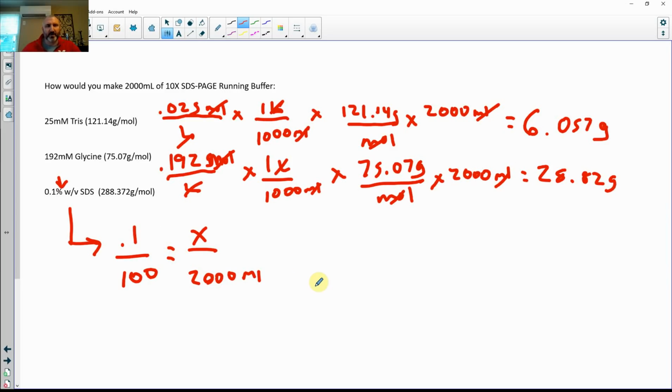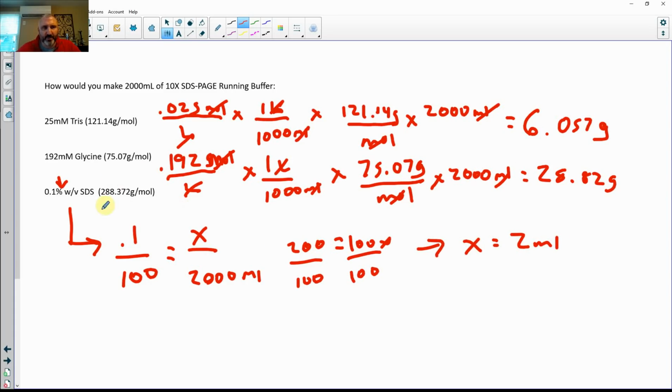Okay, so we're going to cross multiply. 0.1 times 2,000 equals 200, equals 100x, divide both sides by 100. X will equal 2 mLs.